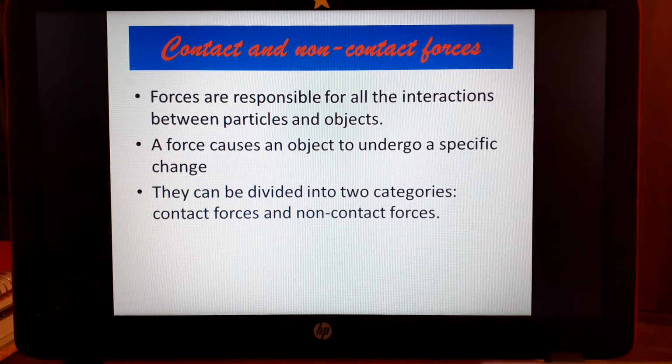These are called contact forces. Other forces don't need to be directly in contact with the object to have an effect. These are called non-contact forces. They can act on an object from a far distance.